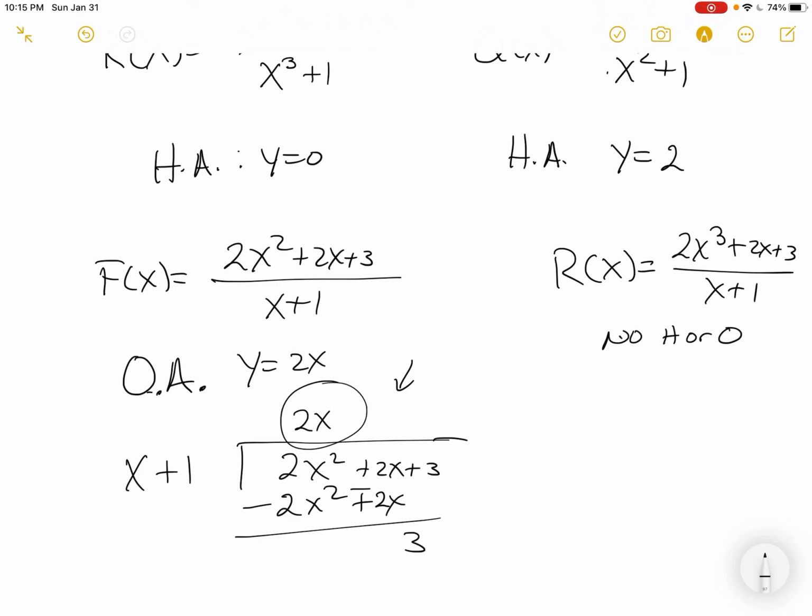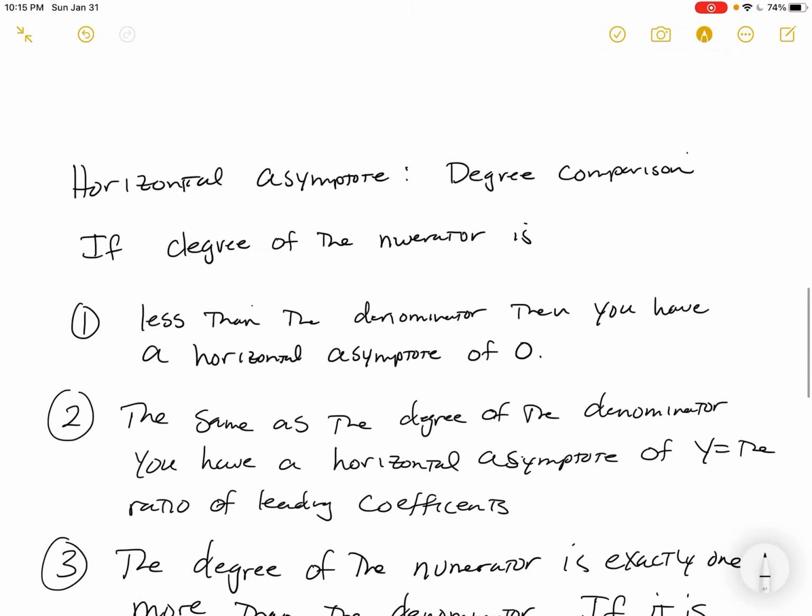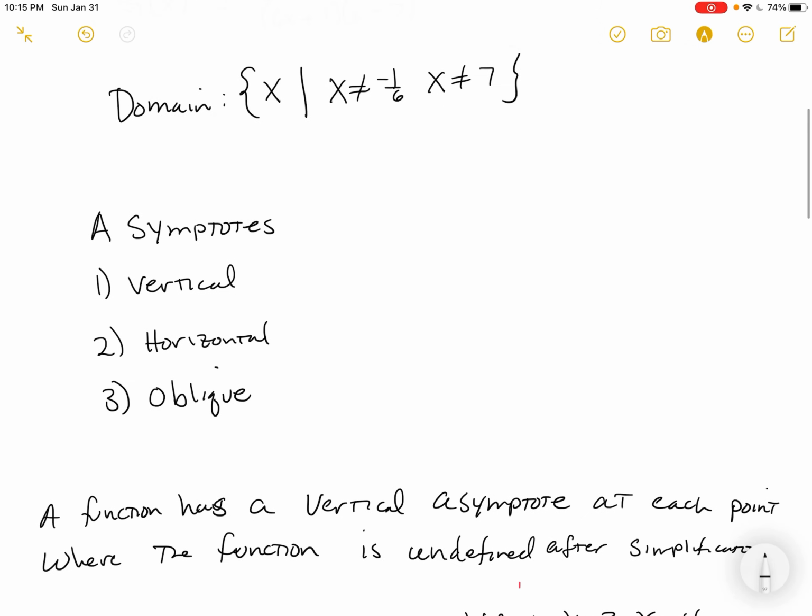And what we're going to have in subsequent videos is some examples from the homework of this. But I just thought I needed to give you an overview of what these asymptotes are. So again, we have 3 types. Vertical, where you have domain restrictions that can't be gotten rid of.